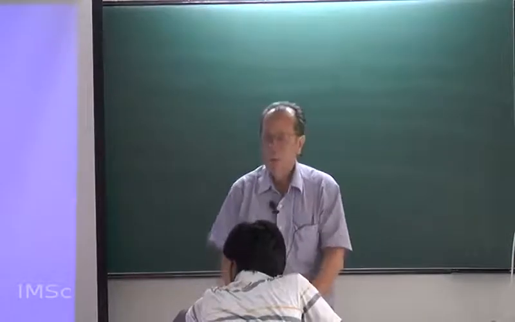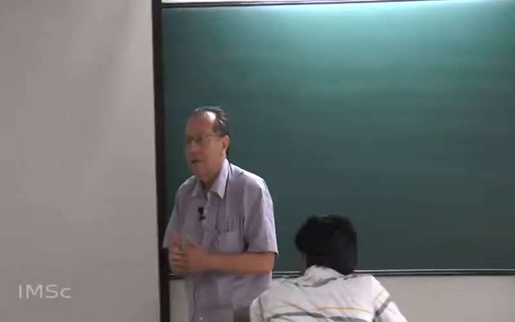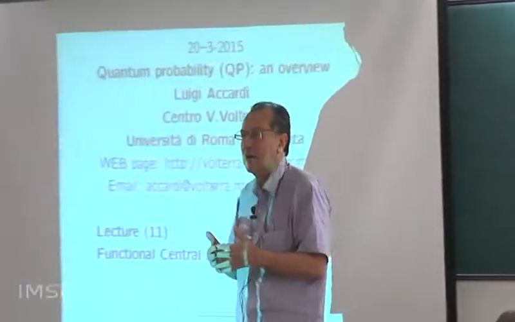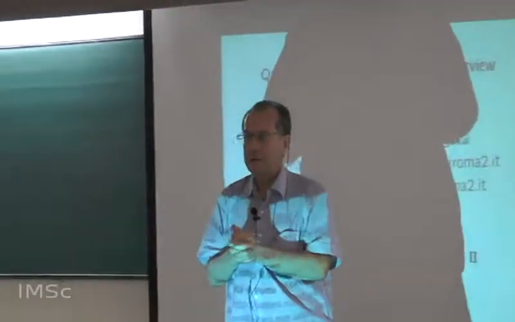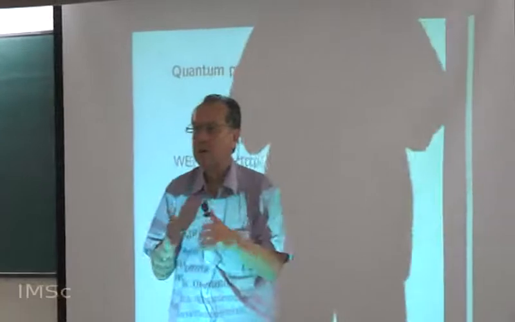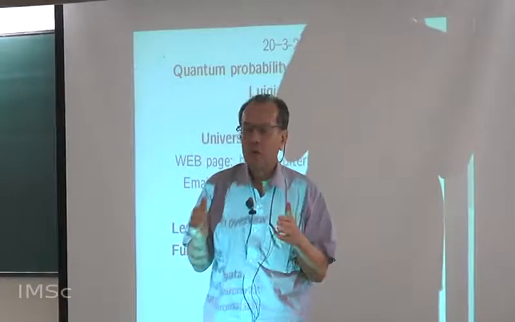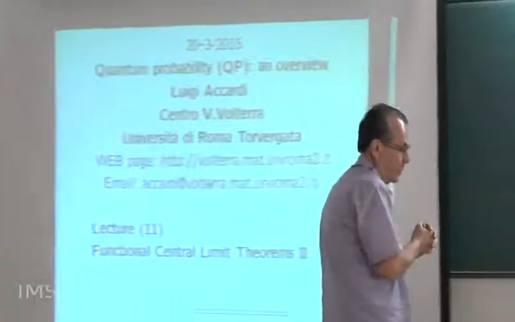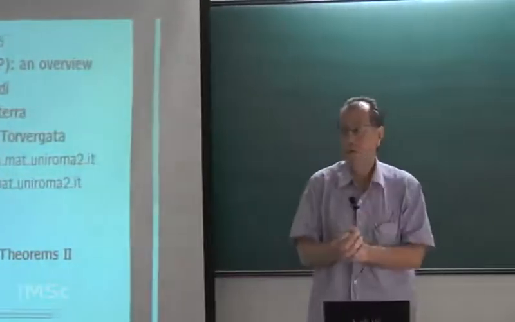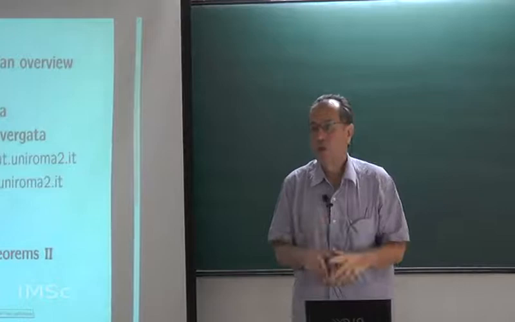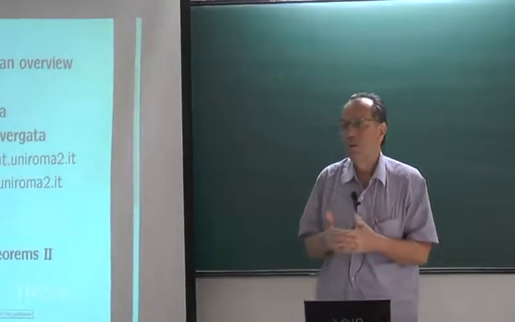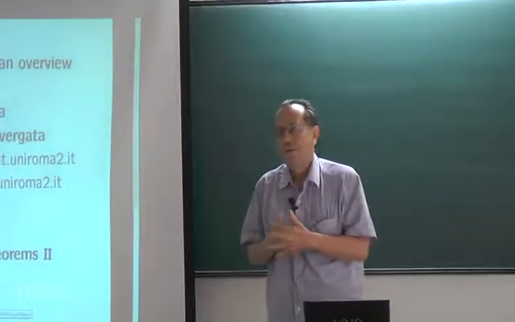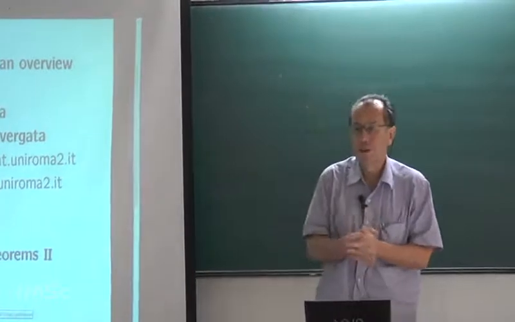So we decided that the last part of my talk, as I said last time, will be dedicated to the central limit theorems, okay? So the first thing I want to do is to complete the proof that I gave of the functional central limit theorem.